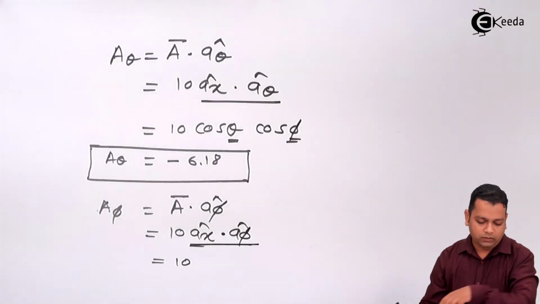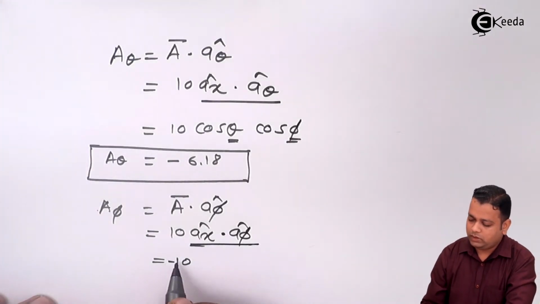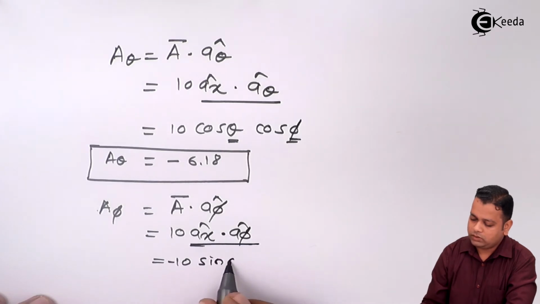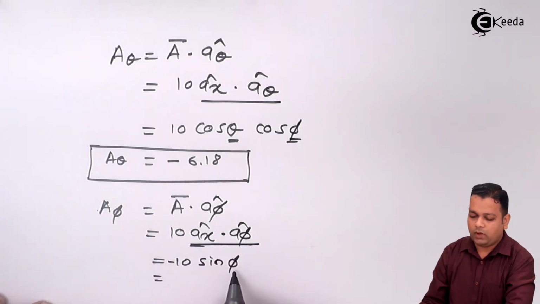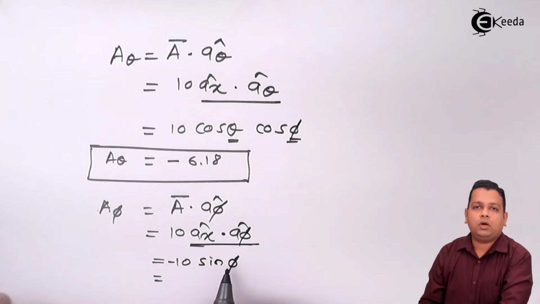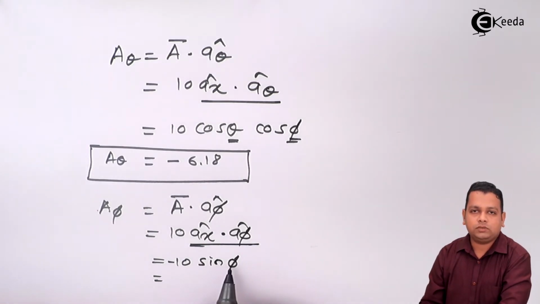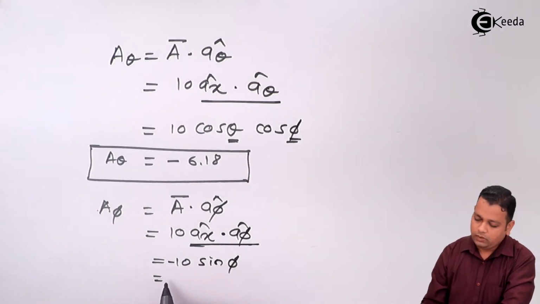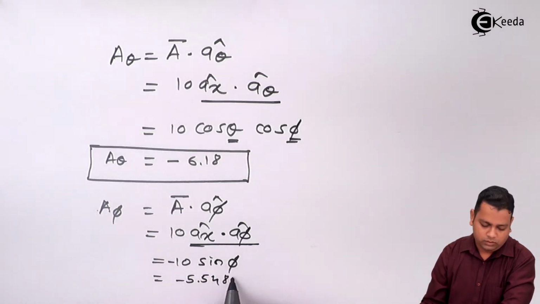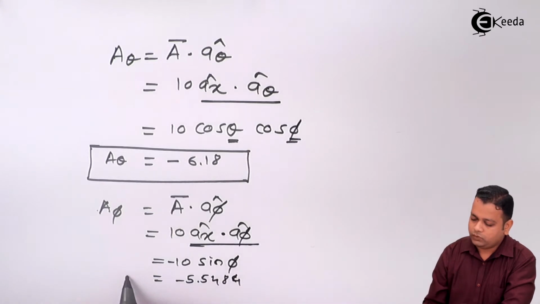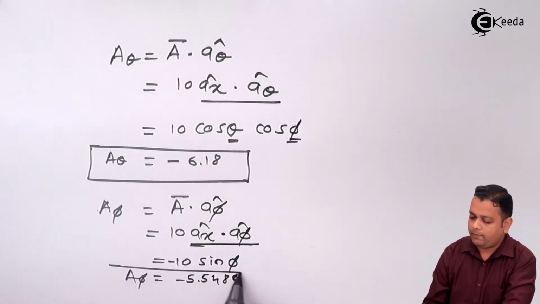So we write here minus, put here sin phi. Substitute the value of phi equal to 146.30. It gives us the result minus 5.5484. So this is A phi.